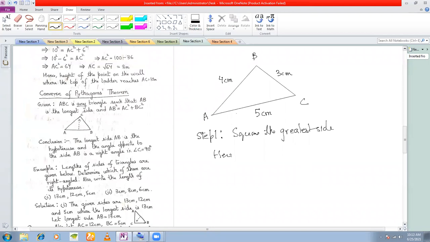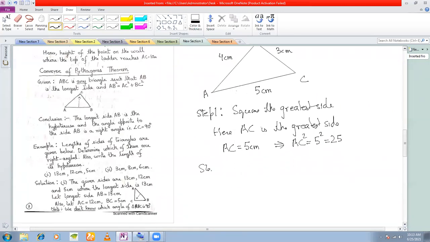Here, AC is the greatest side. And what is the length of AC? AC is 5 centimeters. That means what is AC square? AC square is 5 square, that is 25. So the first step is I take the greatest side, square it, and find it out.